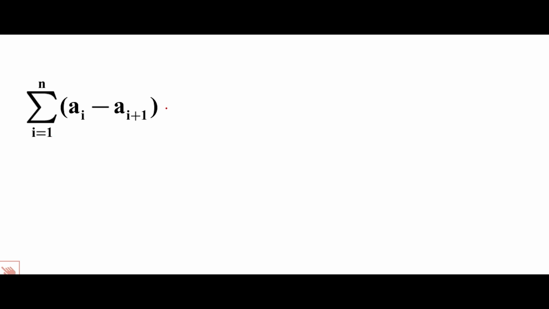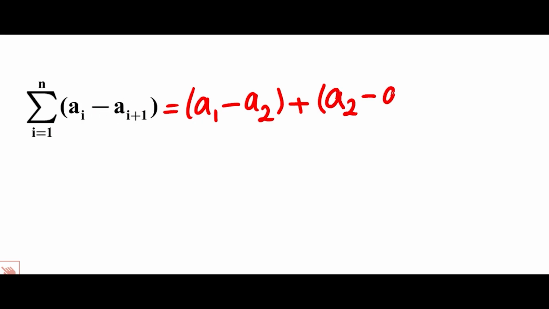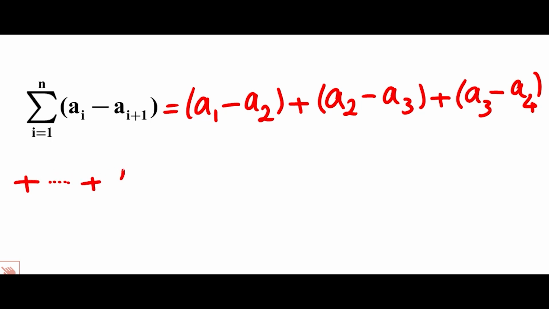If we expand it, when i equals 1, we have a1 minus a2, plus when i equals 2 we have a2 minus a3, plus when i equals 3 we have a3 minus a4, plus, and finally when i equals n we have a_n minus a_(n+1).